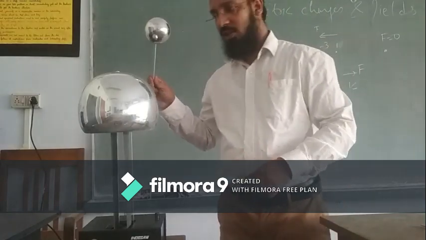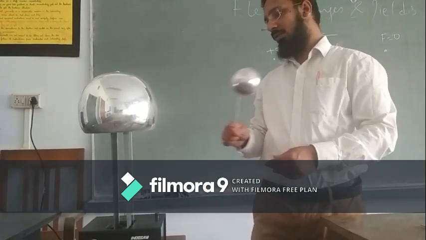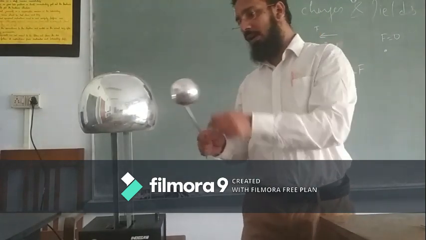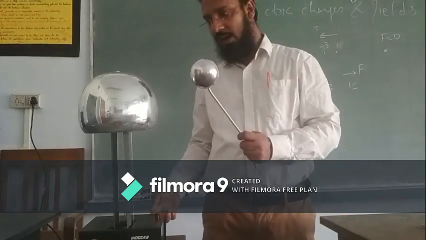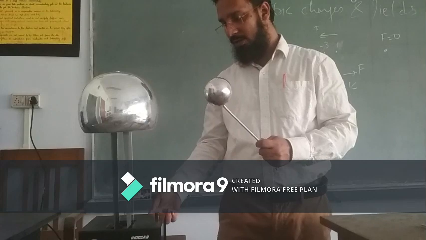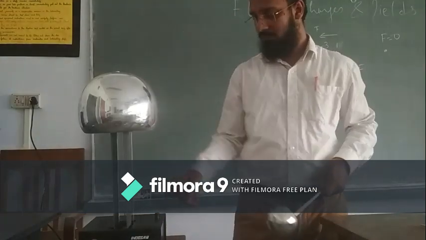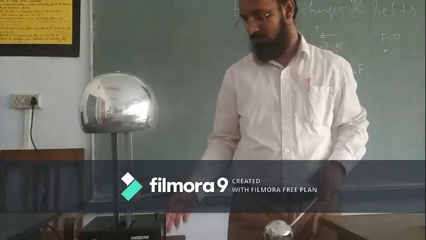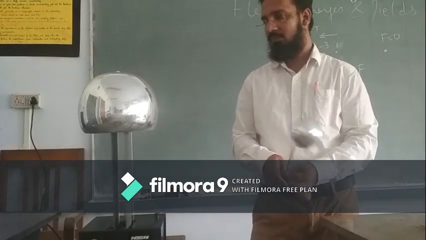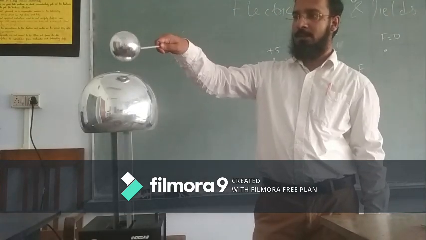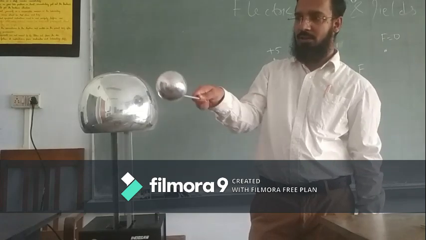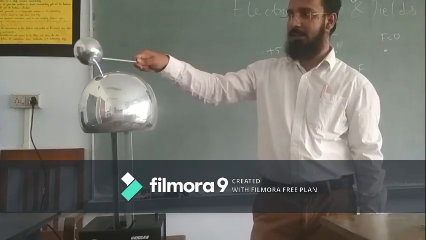We have this another sphere over here which is used to take off the charge from the Van de Graaff. I'll show you if you can see the sparks, or at least you will hear that. Can you see? Or at least you will be hearing. I'm also getting it.